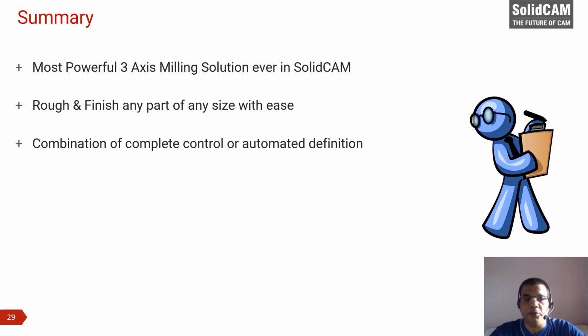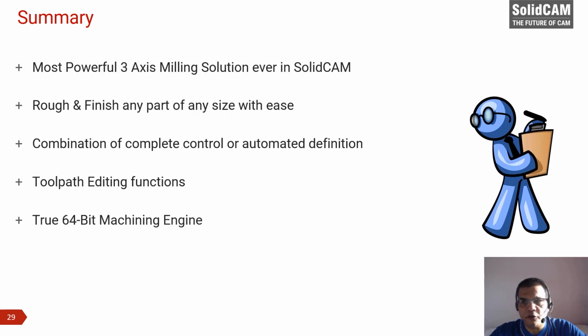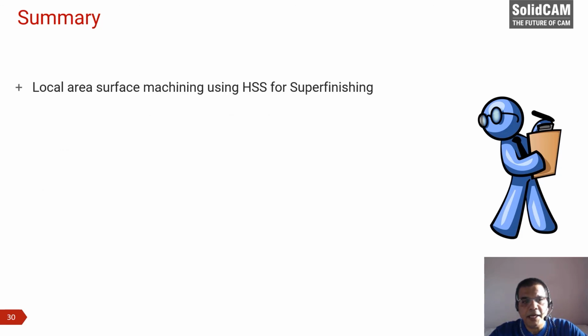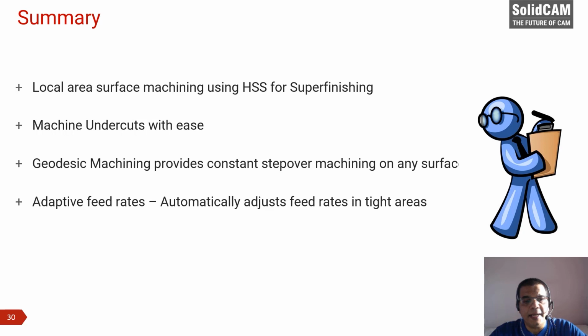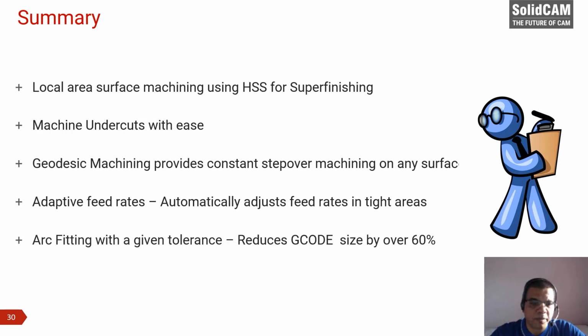We have toolpath editing functions, true 64-bit machining engine, automatic leads and links, local area surface machining using HSS for super finishing, machining of undercuts, and geodesic machining provides constant step-over machining for any kind of surface. Adaptive feed rates automatically adjust the feed rate in tight areas, very important when you're using inserted kind of tools. Arc fitting with a given tolerance has reduced the G-code size by almost over 60%.